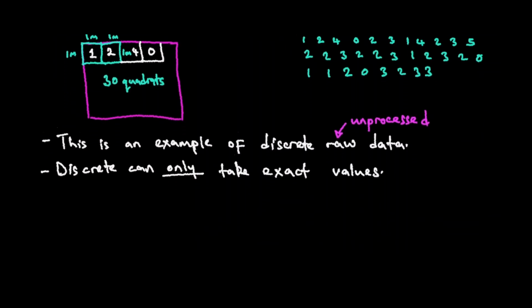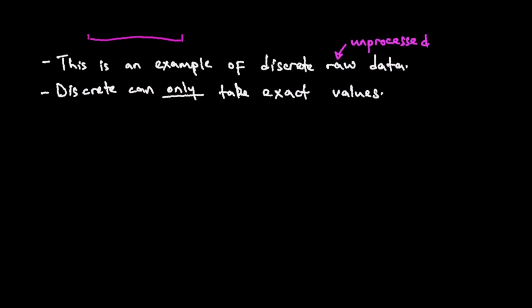Okay, let us look at other examples of discrete data. Another example is the number of cars passing a checkpoint in 30 minutes. As children, especially boys, we used to count cars passing on the road.